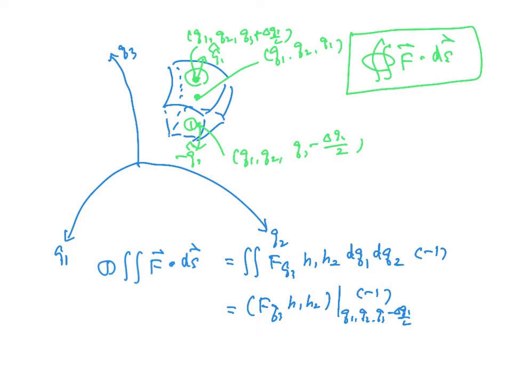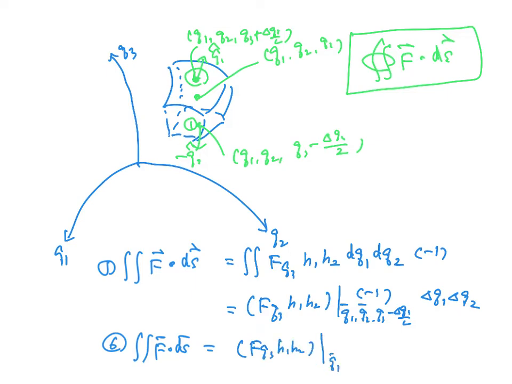And bar delta Q1, delta Q2, right? 6 is in upper direction, so 6 is positive F Q3, H1, H2, Q1 bar, Q2 bar, Q3, delta Q3 over 2, delta Q1, delta Q2.